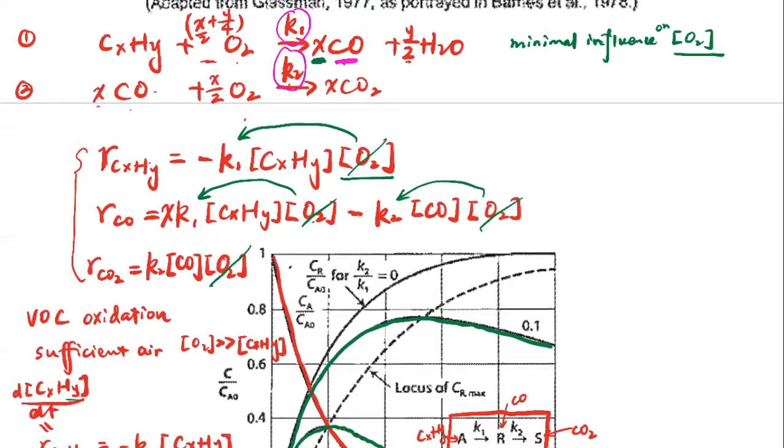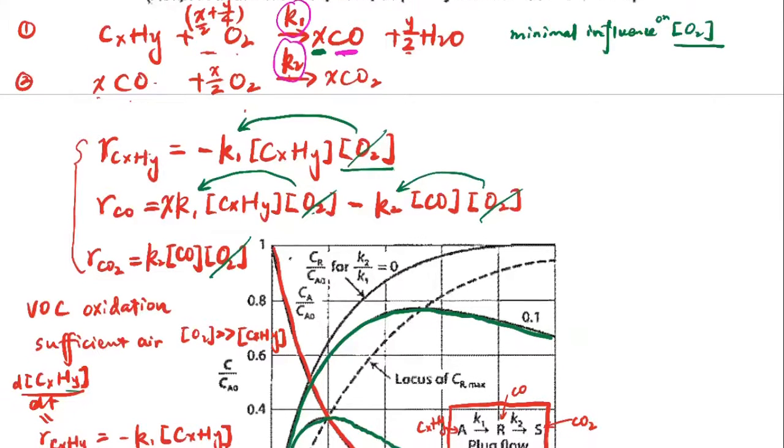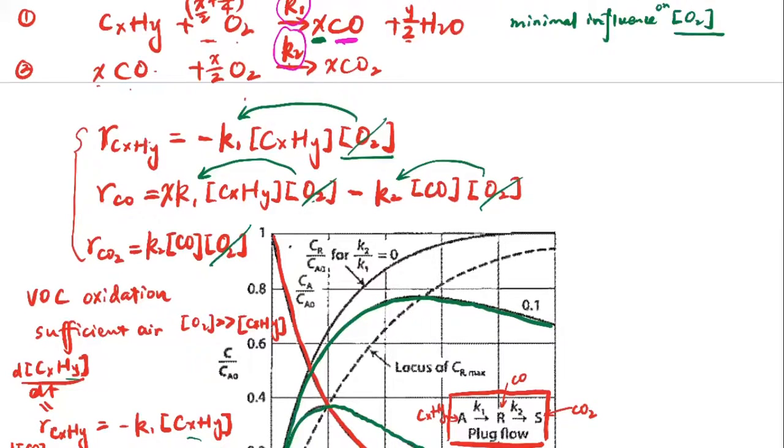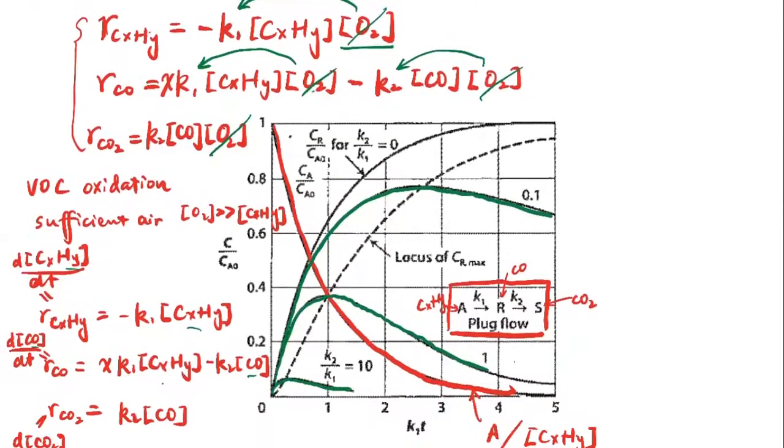But if K2 is very slow, then this carbon monoxide will persist. Although we know for sure that there's a limited amount of hydrocarbon, finally, let's say years or hundreds of years later, because the carbon monoxide is consumed by the second reaction, its concentration will definitely decrease to 0. That's why if we plot the carbon monoxide concentration, it will first increase and then decrease.